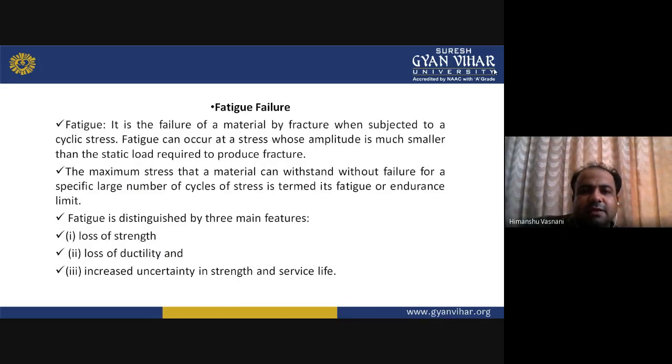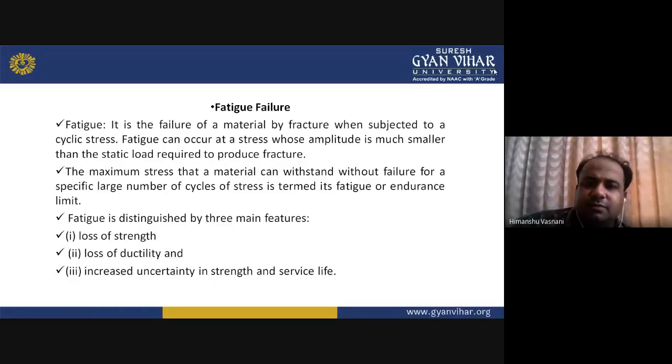Now fatigue is the failure of a material by fracture when subjected to a cyclic stress. Cyclic stress means you take a workpiece and apply stress, cyclic stress.